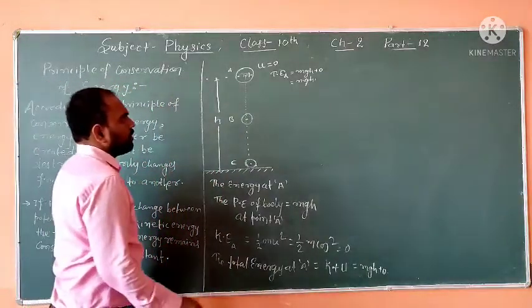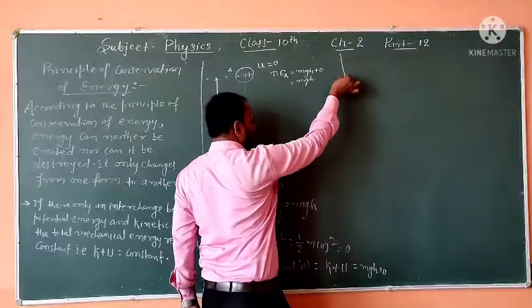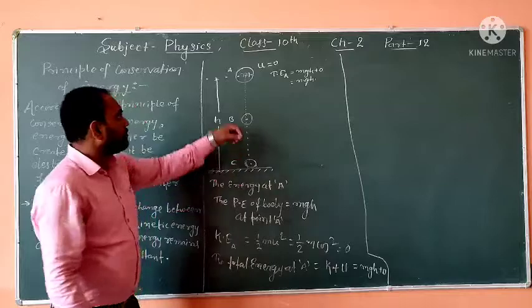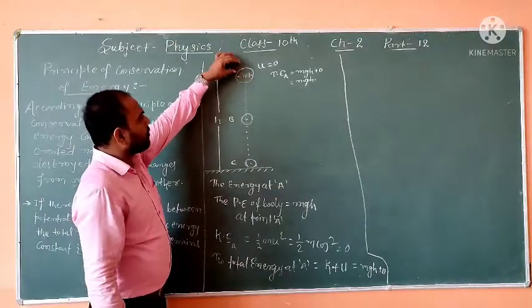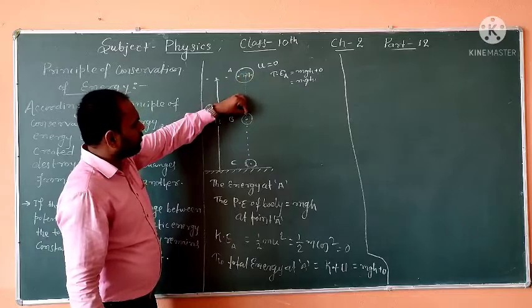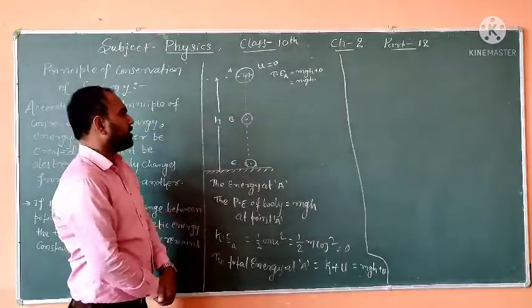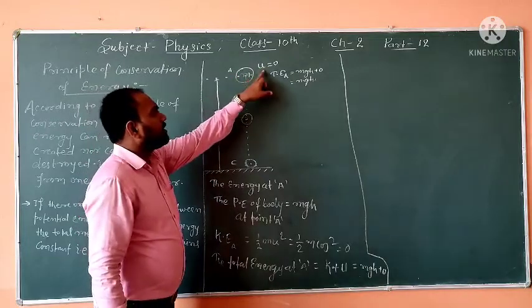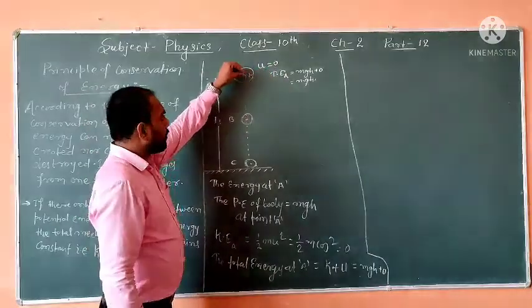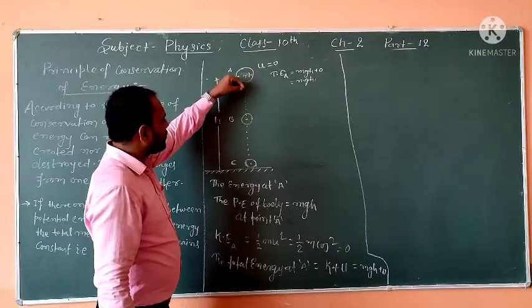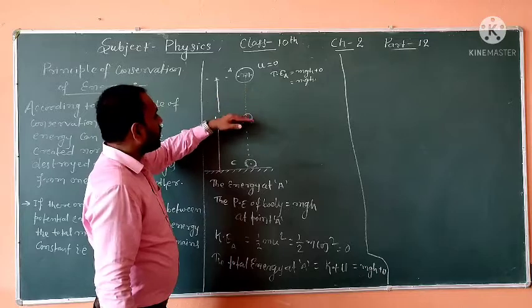So if the ball starts moving from point A and goes down, it will reach point B. Here at A, initial velocity is 0. When it starts falling, its velocity goes on increasing and increasing.